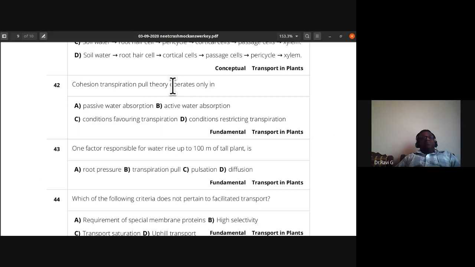Cohesion transpiration pull theory operates only in passive water absorption, active water absorption, conditions favoring transpiration, or conditions restricting transpiration. So when does the cohesion transpiration pull theory operate?